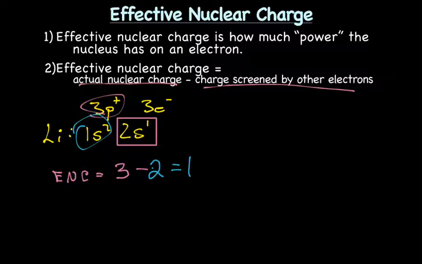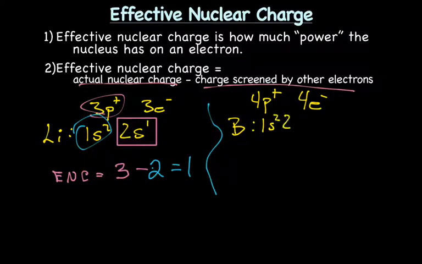If we move across the period and now talk about beryllium, beryllium has 4 protons and 4 electrons. Its electron configuration is 1s2, 2s2.